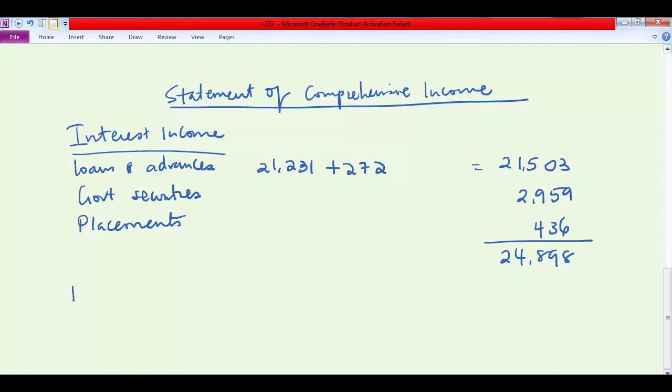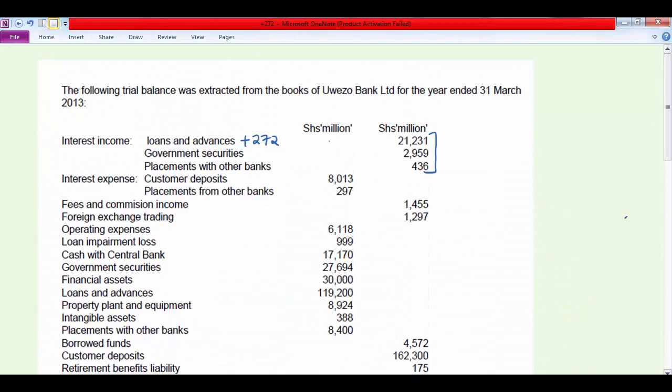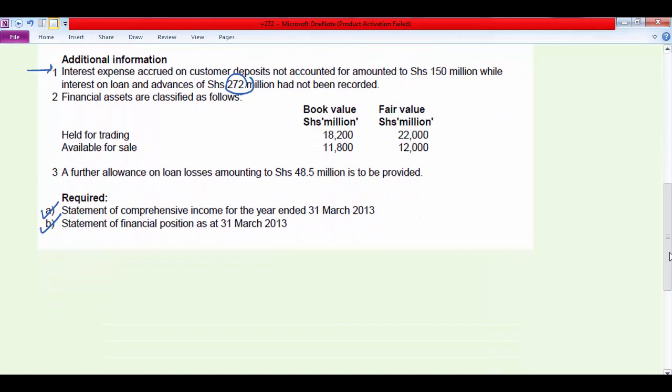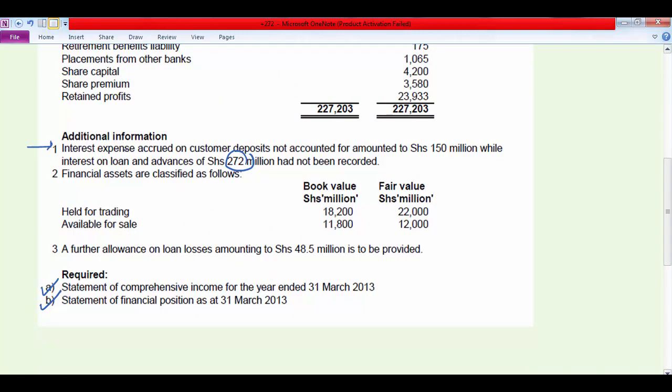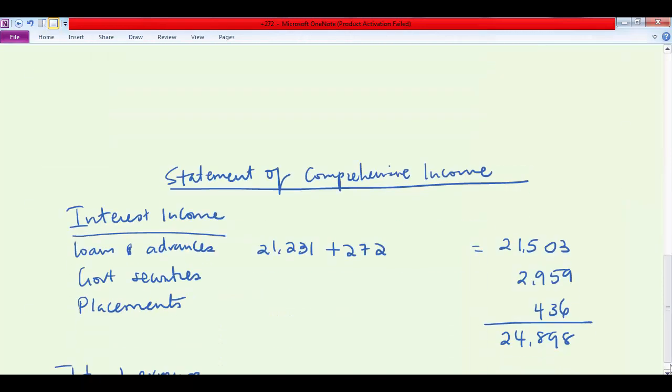After that, I come to my interest expense. So my interest expense, again, I just go and pick them here. We have on customer deposits, 8013, and placements from other banks, 297. However, remember that note 1 had mentioned that there was an interest expense accrued that had not been accounted for, which was 150 million, and it is on customer deposits, meaning I have to add it to this one here. I have to say plus 150 million there. So let's just note those down.